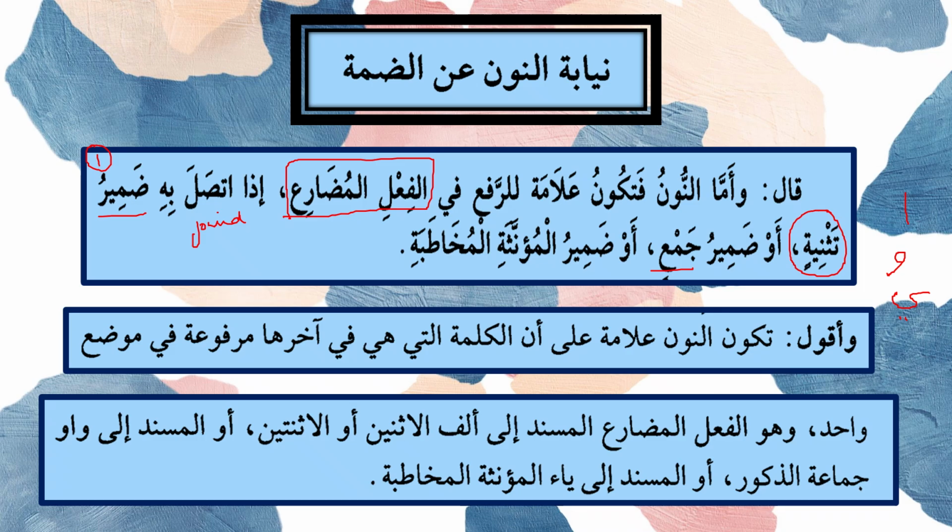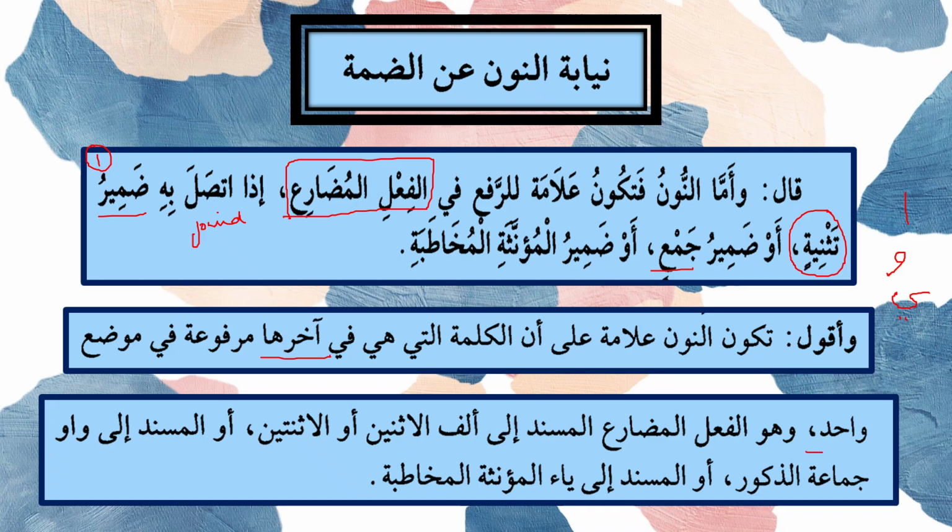وأقول and محي الدين explains that تكون النون علامة على الكلمة, that whatever the noon you see that we are talking about, the extra noon, it is attached at the end. And it tells you, the presence of noon tells you that this fail mudari or present tense is in marfu case, in موضع واحد.